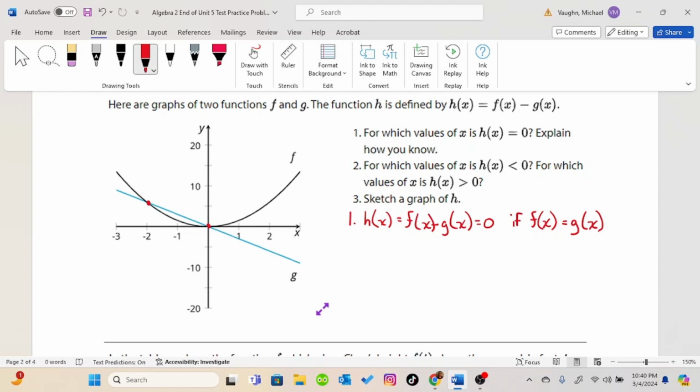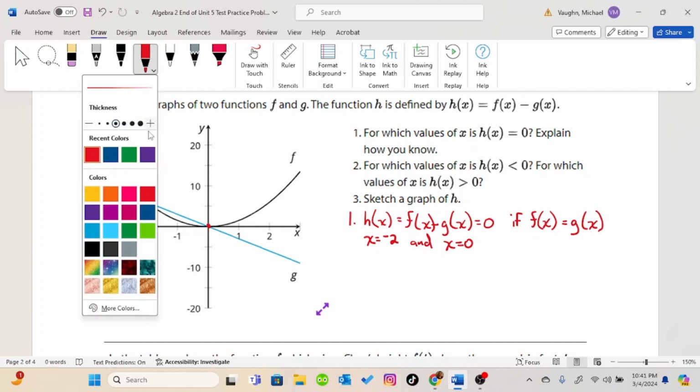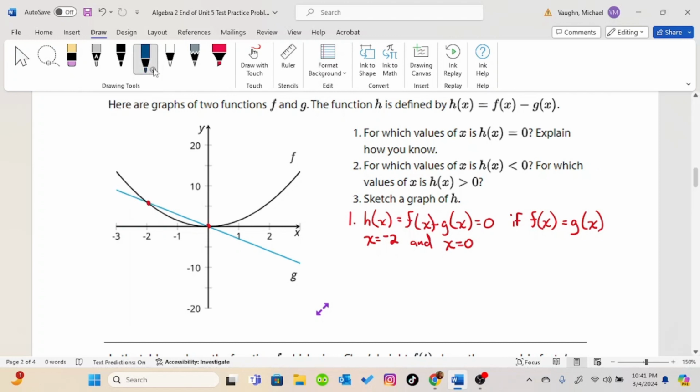So it happens when x equals -2, and it happens at the origin when x equals 0. Number 2. For which values of x is h of x less than 0?